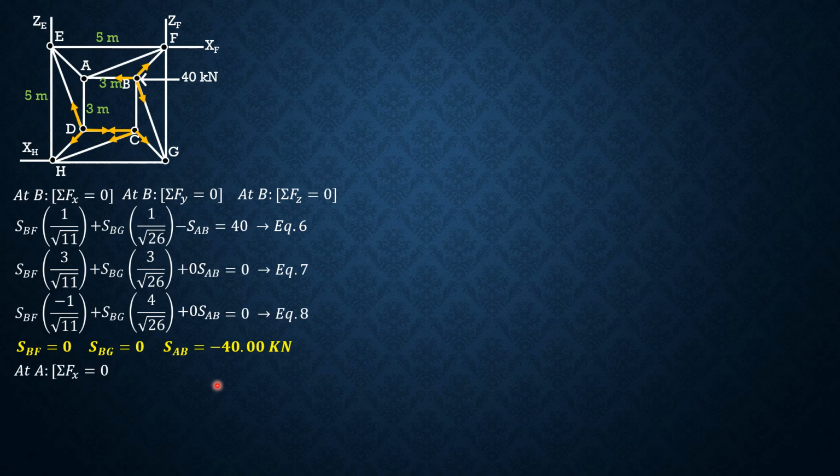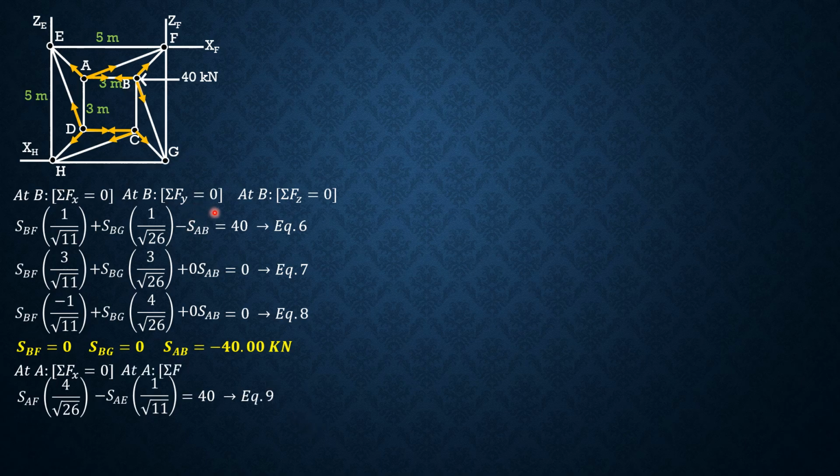At A, summation forces X equals 0. So let's put the forces as our guide, except AD, which is 0. So SAF times 4 over square root of 26. Then minus SAE times 1 over square root of 11 plus SAB, which is negative 40, equals 0, so equals 40. Equation 9.